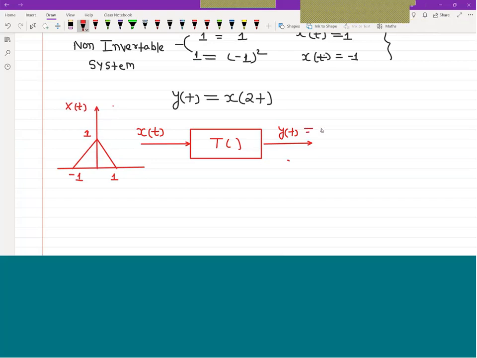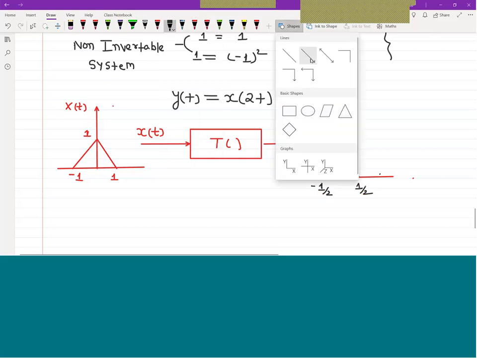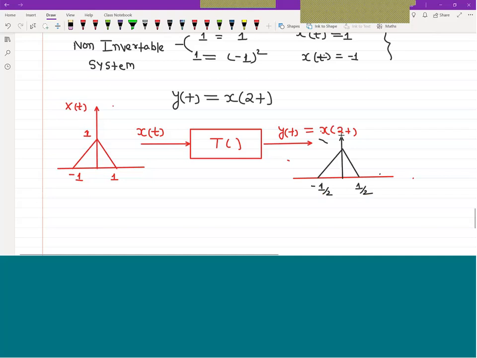y(t) is equivalent to x(2t). And x(2t) will be this, with points -1 by 2 and 1 by 2.